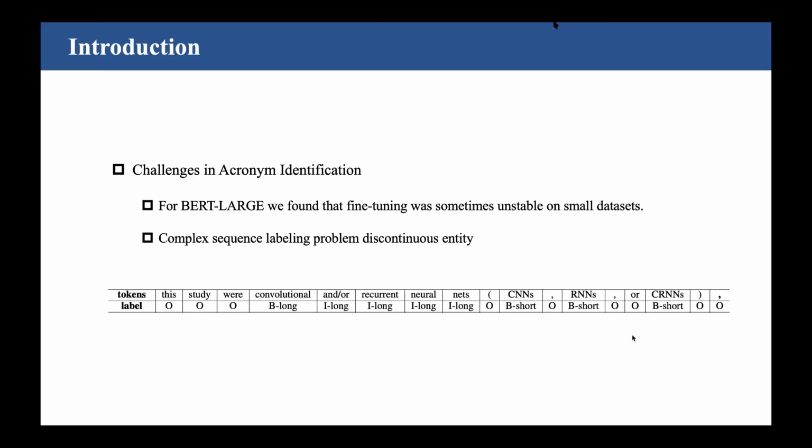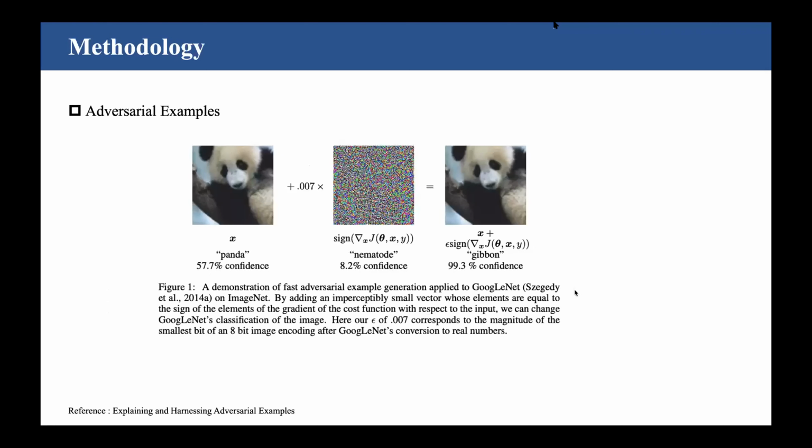For example, convolutional and/or recurrent neural nets are long forms, and there are 3 corresponding short forms, namely CNNs, RNNs, CRNNs.